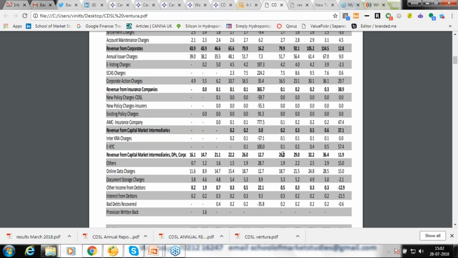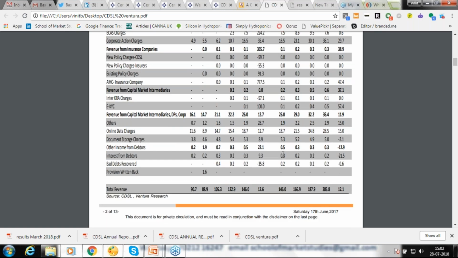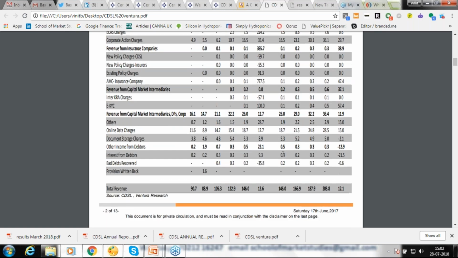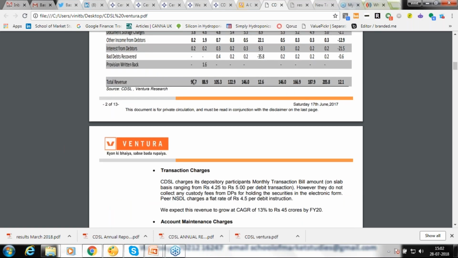Insurance is a fledgling business, and we have not built much into it, but if the dematerialization of insurance policies, and you have revenue from capital and other income from debtors, right? So this is how we have said previously they've grown at 12.5%, going forward 12% growth.